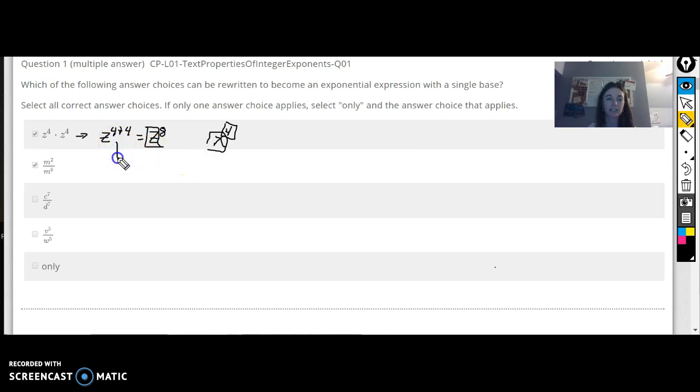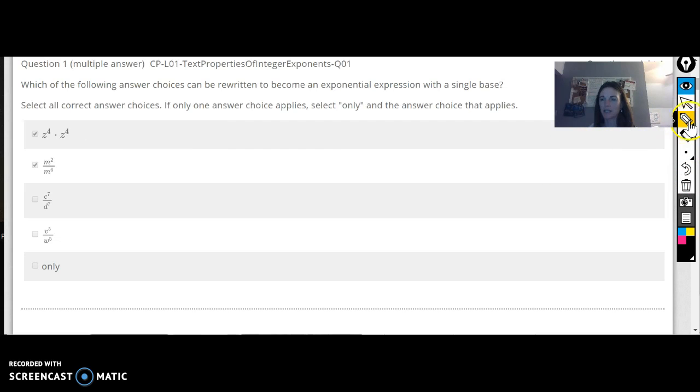The reason I can do z to the 4 plus 4 is that z to the 4th is z times z times z times z, and z to the 4th again is z times z times z times z. So you'll see that I now have 8 z's. When I am multiplying two bases that are identical, I can add their exponents. So that one works.